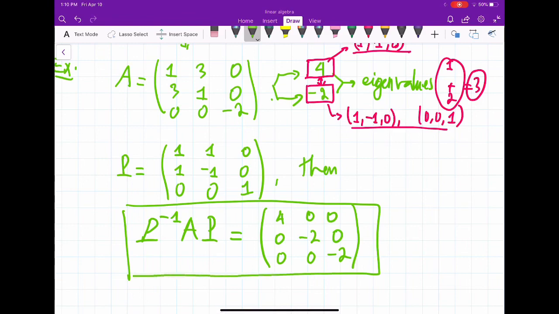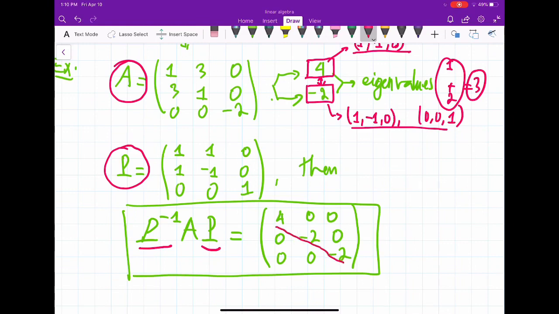This is the identity I asked you to do in the previous video. It's pretty easy, just matrix multiplication. But what does it mean? That means, in this case, the matrix P diagonalizes the matrix A. You multiply P^-1 from the left of A, and P from the right of A, and you get a diagonal matrix.